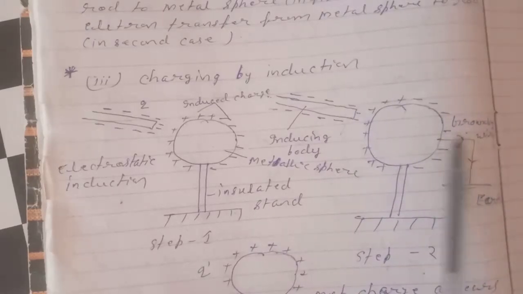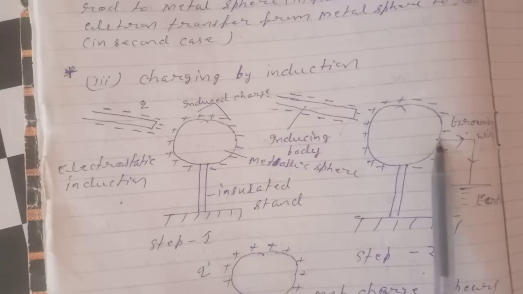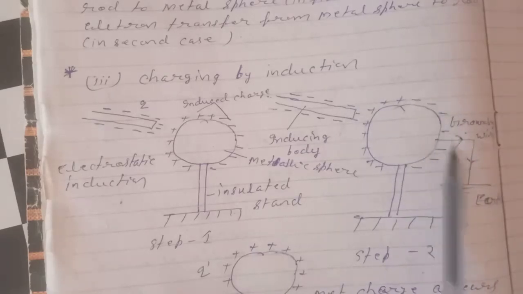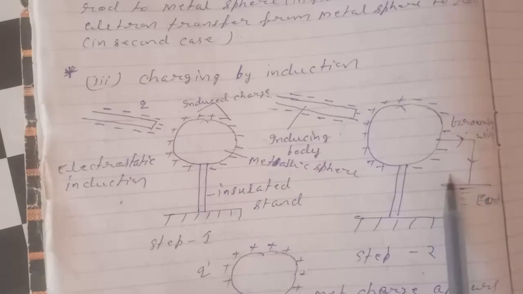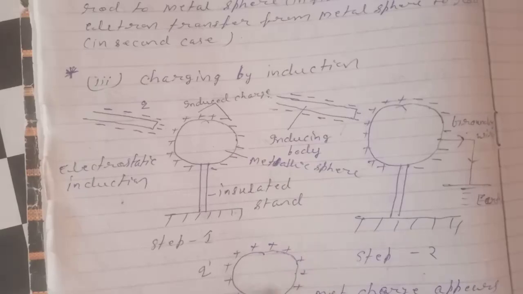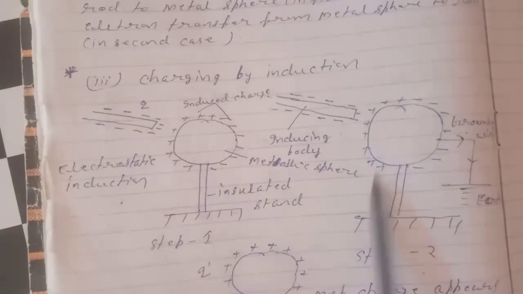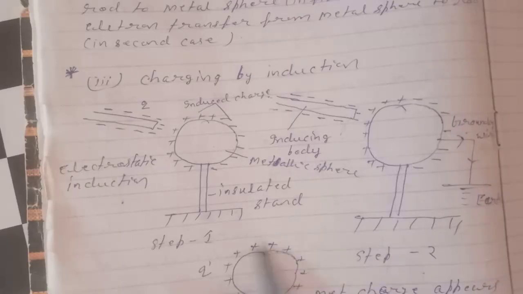Now this side is grounded, that is, it is connected with a wire to the ground, and so all the negative charge will flow to the ground. Then we remove the grounding, and the positive charge spreads over the whole body, and there is a net charge on the sphere.